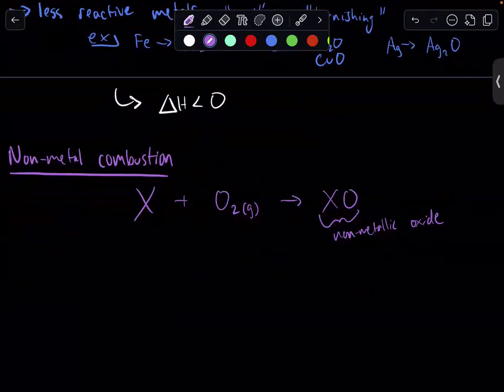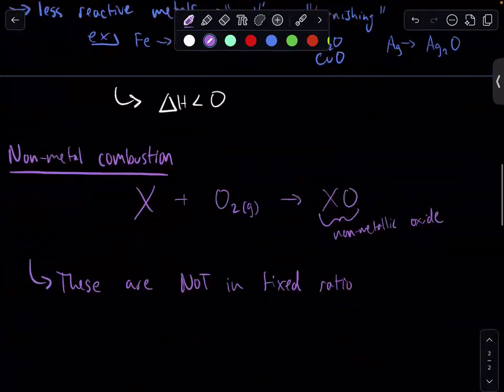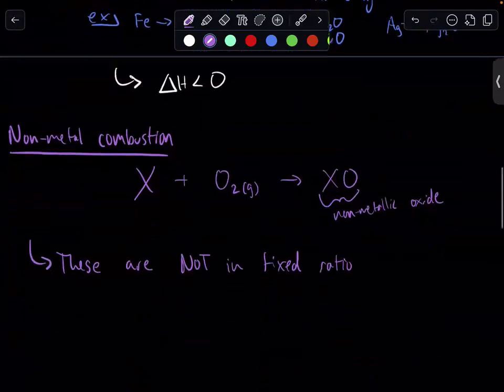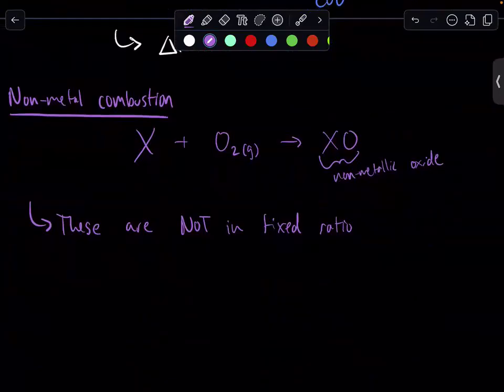Pretty simple. Now, the thing is, unlike metals, these are not in fixed ratios. So with metals, we can generally figure out the ratio, like magnesium forms a 2 plus charge, so it'll be MgO. Sodium forms a 1 plus charge, so it'll be Na2O.